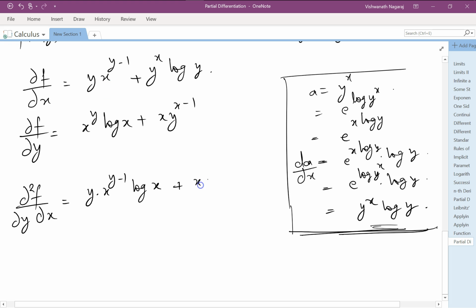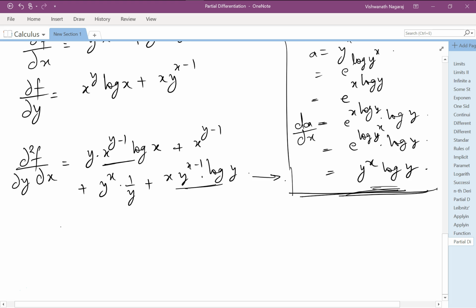So x to the power of y minus 1, and when we differentiate y it becomes 1, plus y to the power of x, 1 by y, plus x y to the power of x minus 1 log y, again based on this. So this and this is based on this. Now if you notice, we can group them into two terms each.